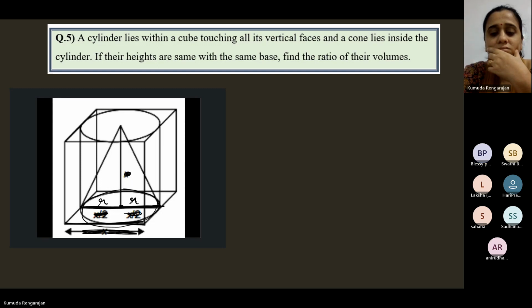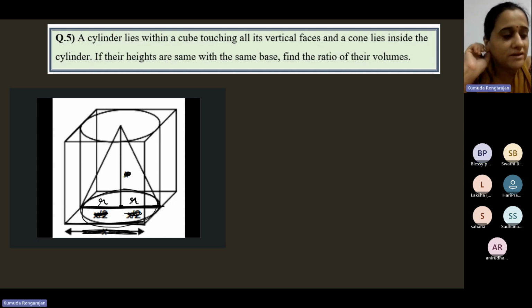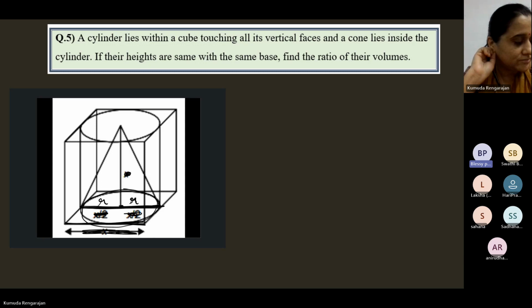2r, correct. Blessy, why is it 2r? Because their heights are the same with the same base, ma'am.